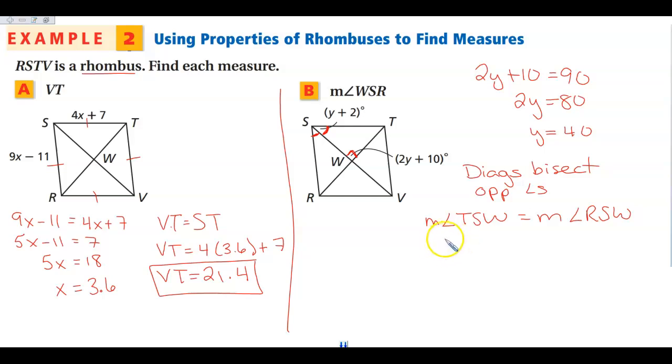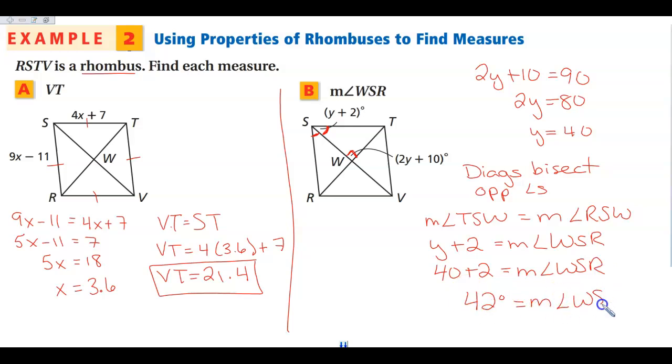All right. So I know that we're going to do y plus 2 is WSR. So it's going to be 40 plus 2 is WSR. So 42 degrees is the measure of angle WSR.